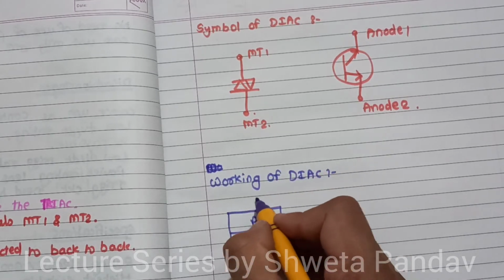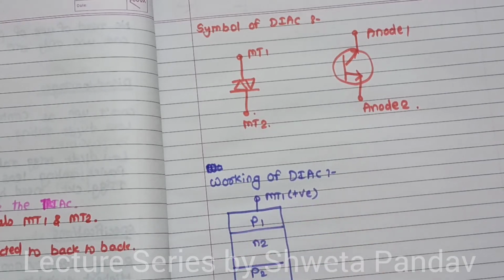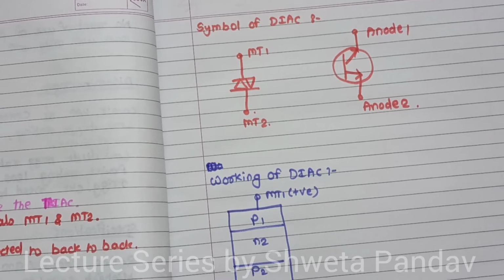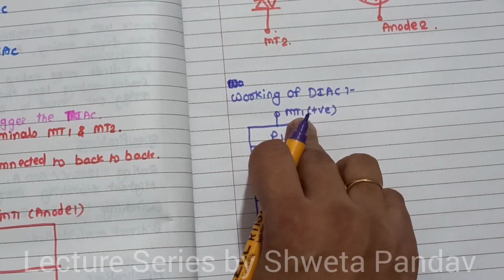In the first mode of operation, MT1 is positive with respect to the second terminal MT2. So in mode 1, MT2 is negative and MT1 is positive.